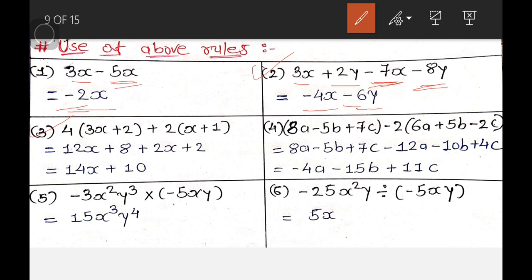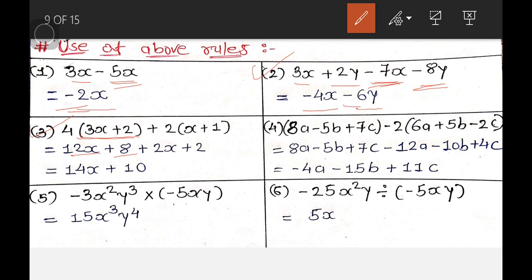First we remove the brackets and multiply 4 with 3x plus 2. So we get 4 into 3x, it is 12x, plus 4 into 2, it gives 8.